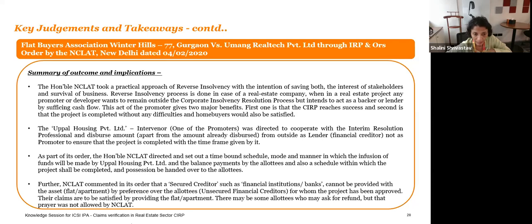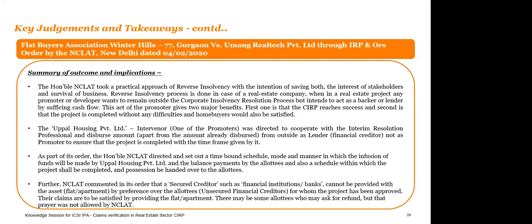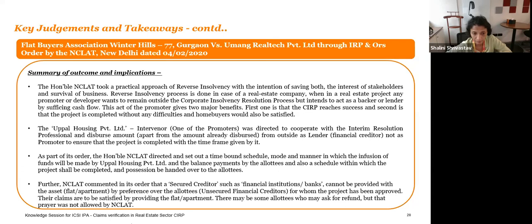As part of the order, the Honorable NCLAT set out a time-bound schedule, mode and manner in which the infusion of funds will be made, and the balance payment of allottees, and also a schedule within which the project shall be completed and possession handed over to the allottees.